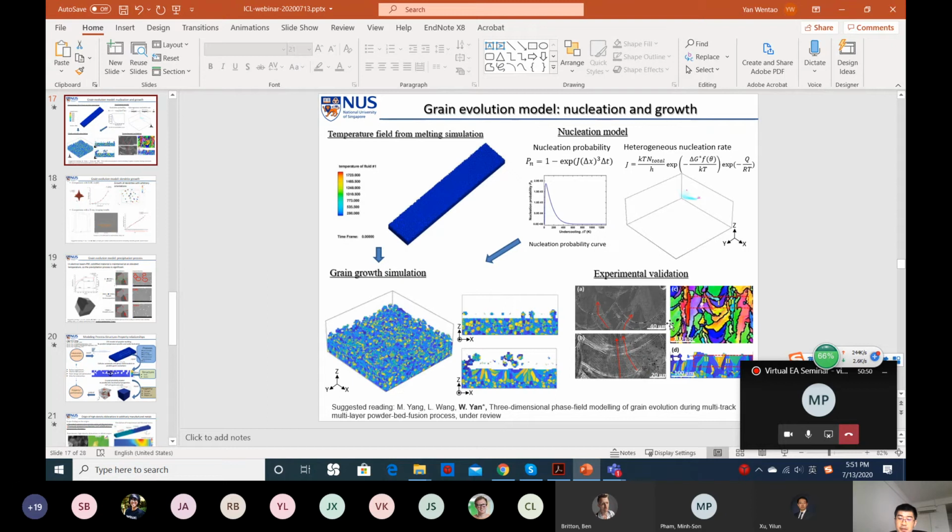But for direct validation with X-ray imaging, we don't see any experimental results.